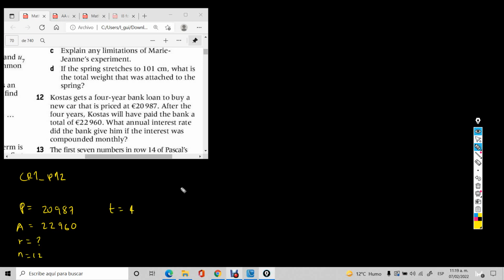For these problems of interest, you need to use this formula. The accumulated amount is equal to the principal times 1 plus the interest rate over the compounding frequency, to the power of the compounding frequency times the number of years.